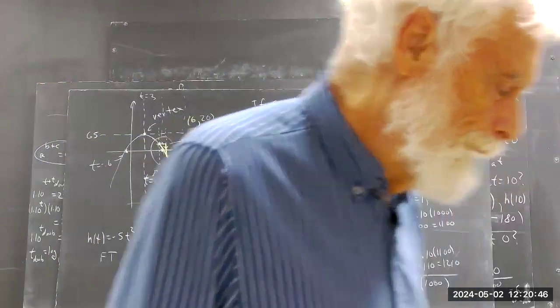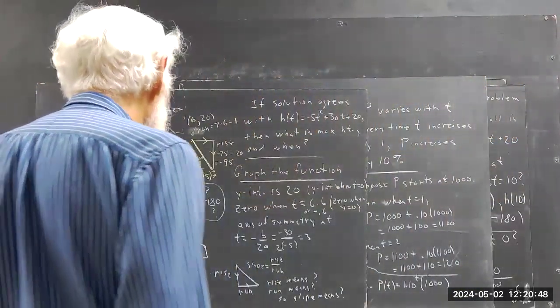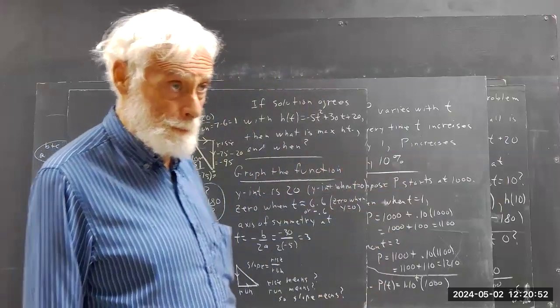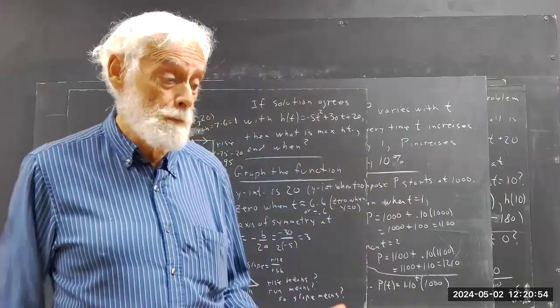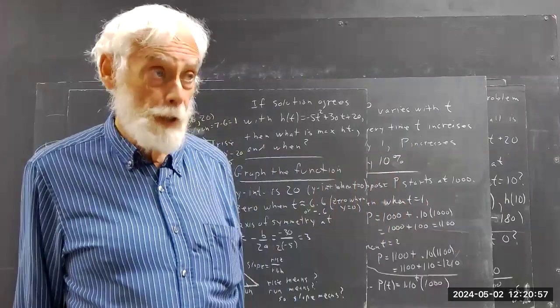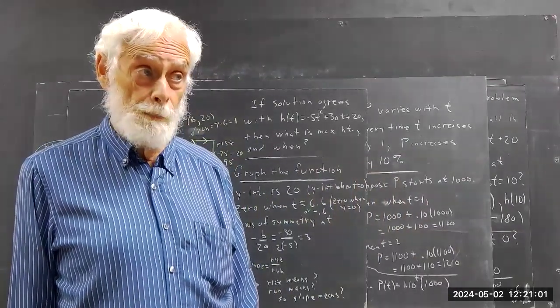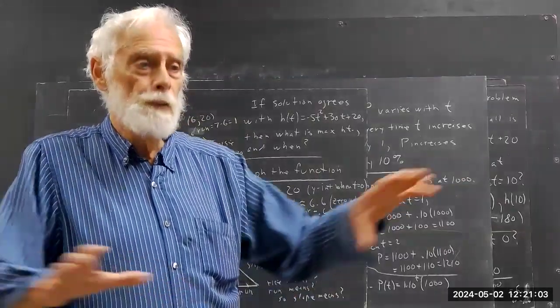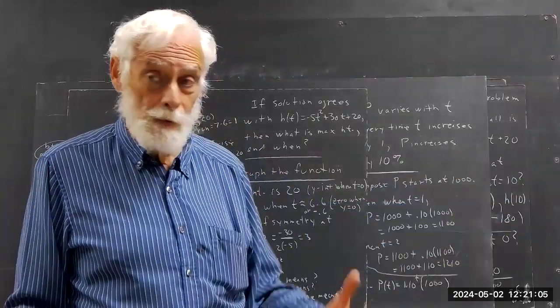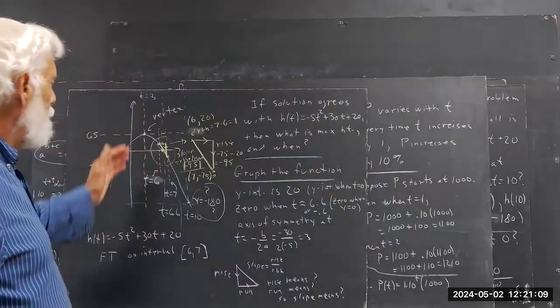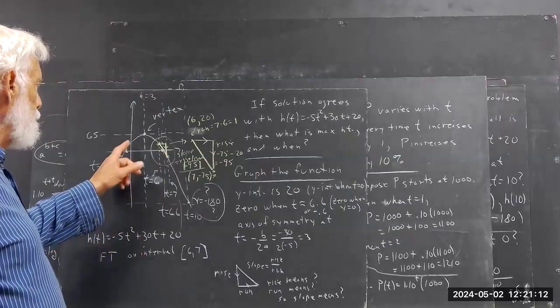Now, I haven't been able to review everything, but I've reviewed some of the really high spots. Okay. Now, we haven't talked about the domain and range, all the stuff in chapter 1. You should be able to make good sense out of all of that by reviewing, because now you see how it works. Okay, now you see how it behaves. For example, the domain of this function would probably start at t equals 0.